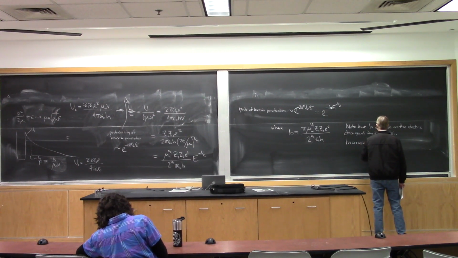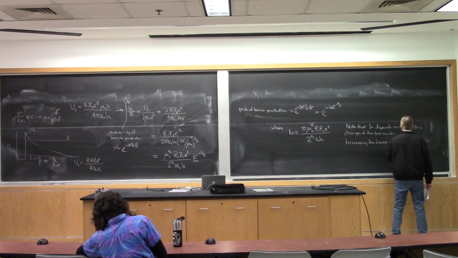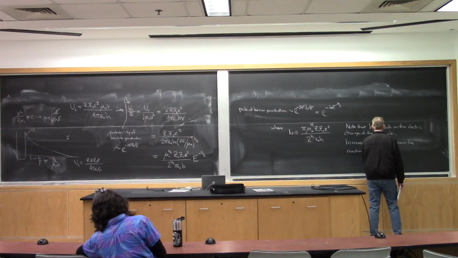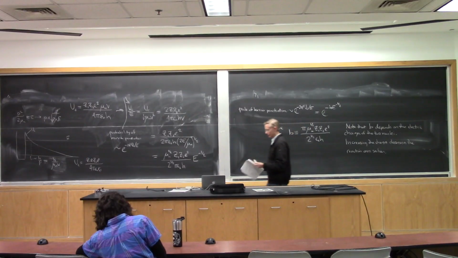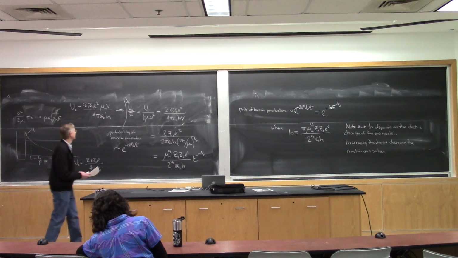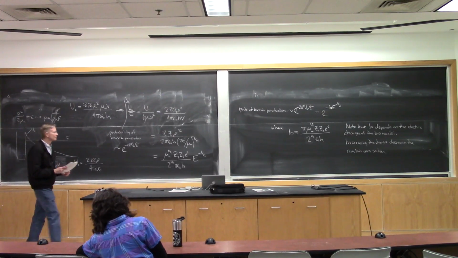Increasing the charges decreases the reaction cross-section. It makes them less likely to fuse with one another, because the barrier penetration probability comes into determining how likely they are to fuse.